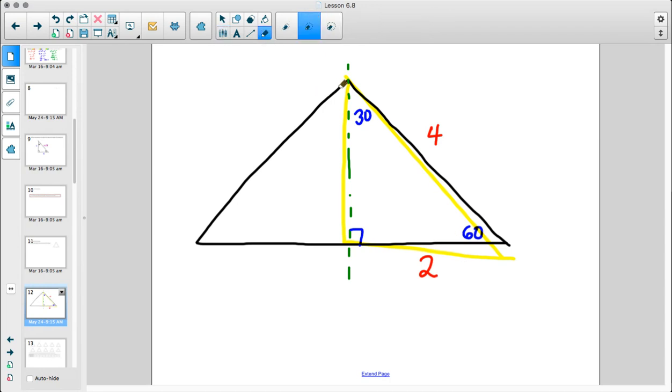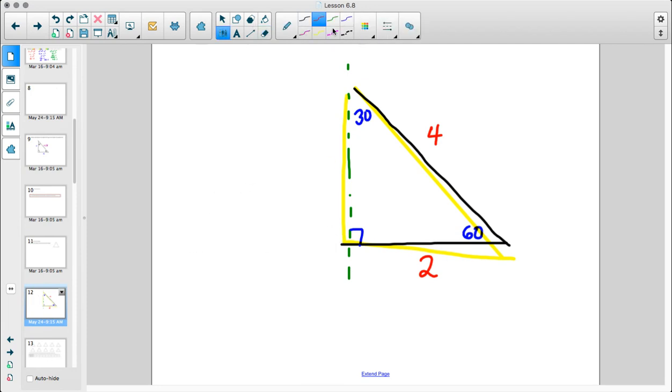And now I'm just going to look at this side. If I want to solve for the third leg, let's just call it leg A, I can just use the Pythagorean theorem. So a squared plus 2 squared equals 4 squared, okay?